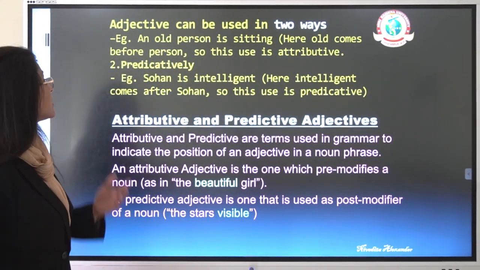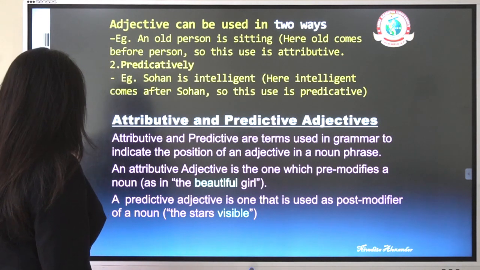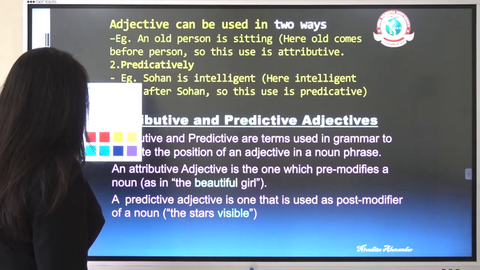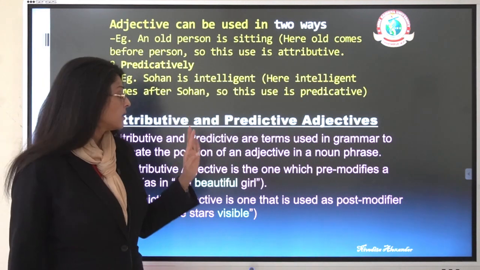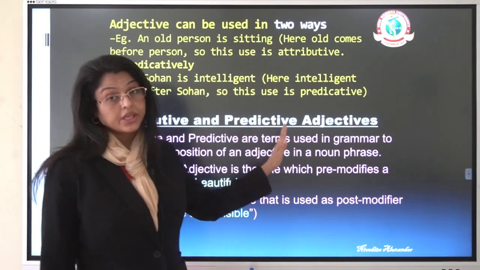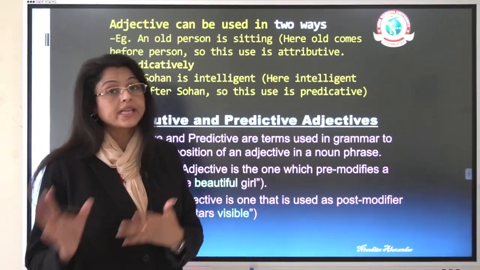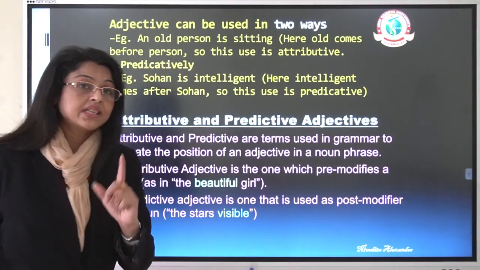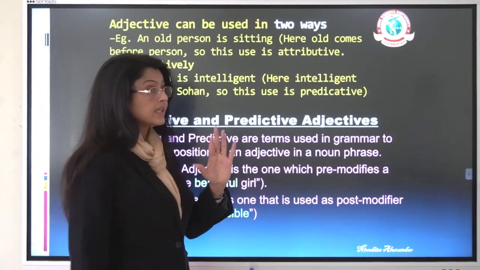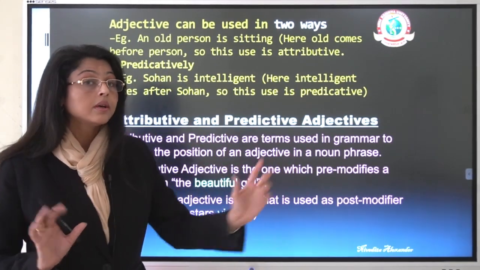Now we are going to see how many types of adjectives there are, and understand the definition with examples. Firstly, there are 2 parts. What are the parts of adjectives? The 2 parts of adjectives are attributive and predicative. How can we differentiate between an attributive adjective and a predicative adjective? You must have studied sentences, where one part is the subject and the remaining part is called the predicate.